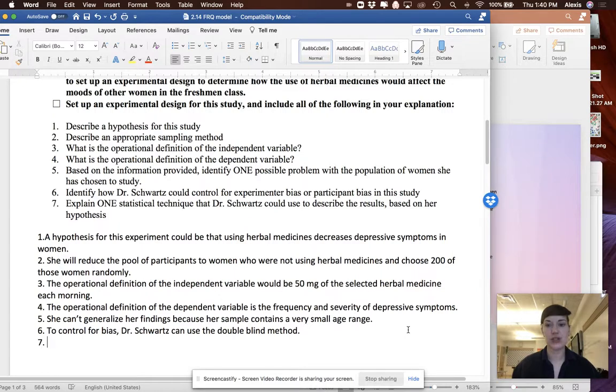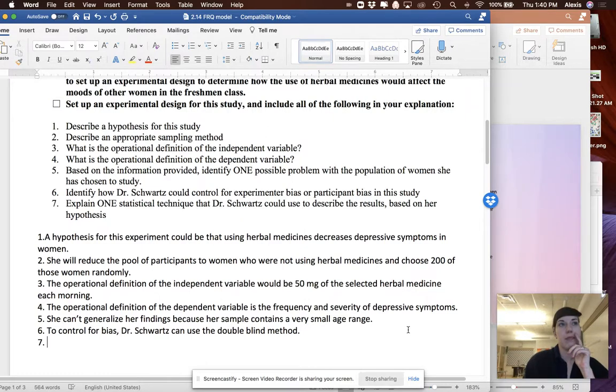Great. And finally, explain one statistical technique that Dr. Schwartz could use to describe the results based on her hypothesis. So let me go back to the hypothesis I said. She said, a hypothesis for this experiment could be that using herbal medicines decreases depressive symptoms in women. So she could use, let me think of the statistics stuff that I know. Mean, median, mode, range, scatter plot.